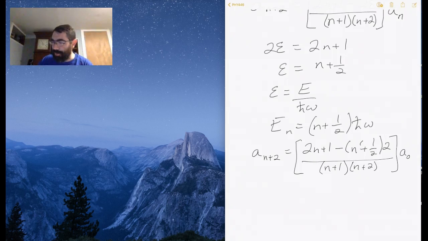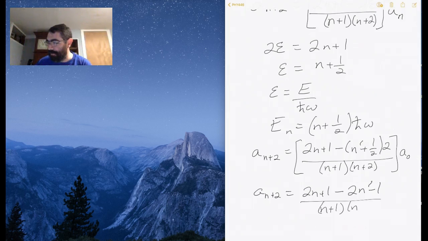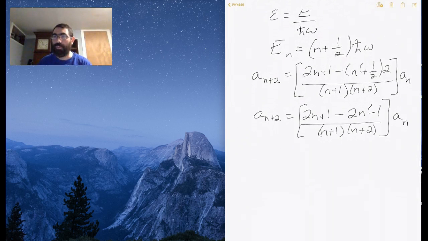So if I just clean this up a little bit, I get the coefficient a with an index n plus 2, so that's 2n plus 1 minus 2n prime minus 1 over the denominator, and I keep saying a sub 0, it should be a sub n right here. Okay, so now what does this mean?